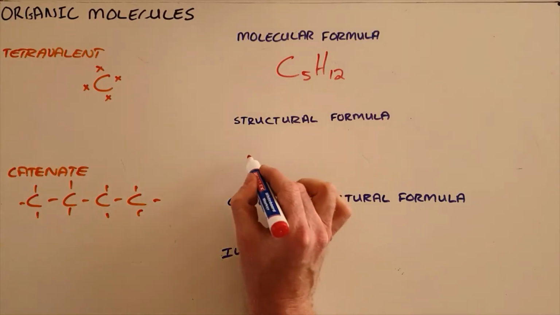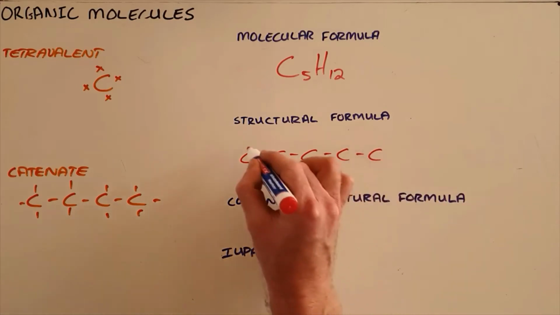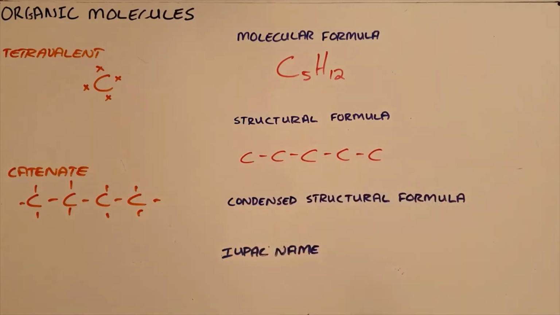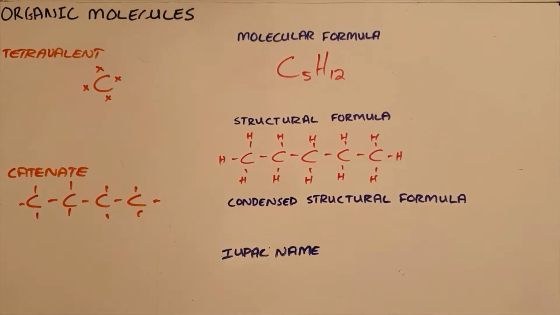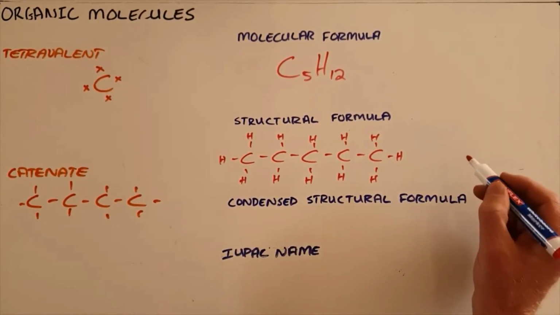The structural formula can show the way in which those carbon atoms are arranged with each other. The first possible arrangement here being 5 carbons arranged in a straight chain.